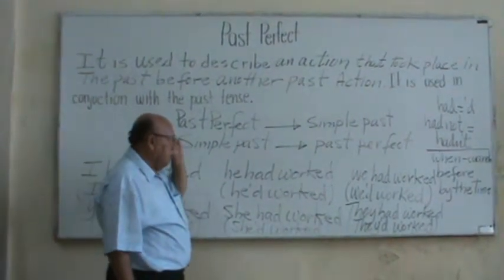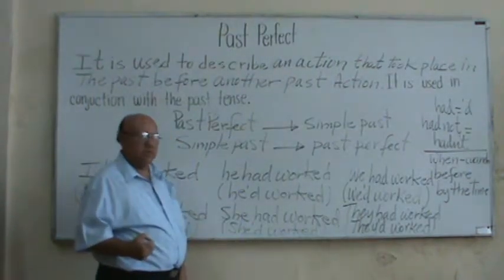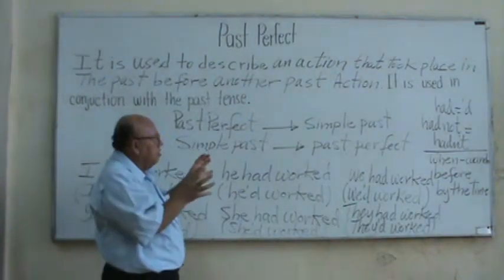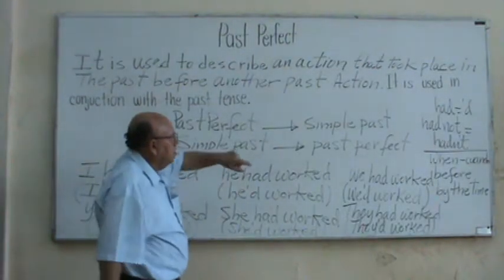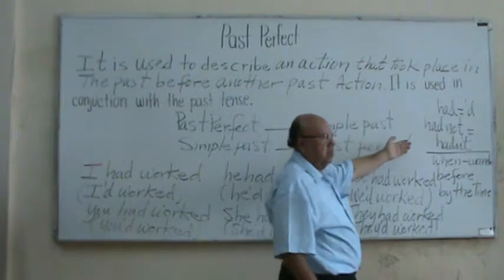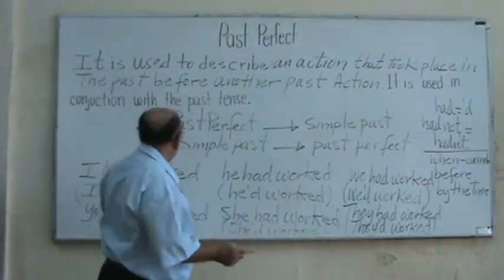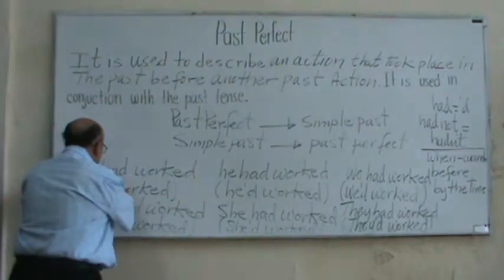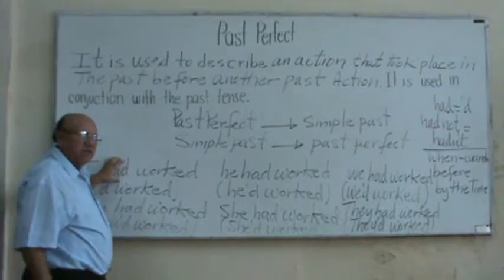Okay, so it is very important that you have to use also negatives. Negatives are used using hadn't or had not. You are going to use hadn't here instead of had, and you are going to make the negative.